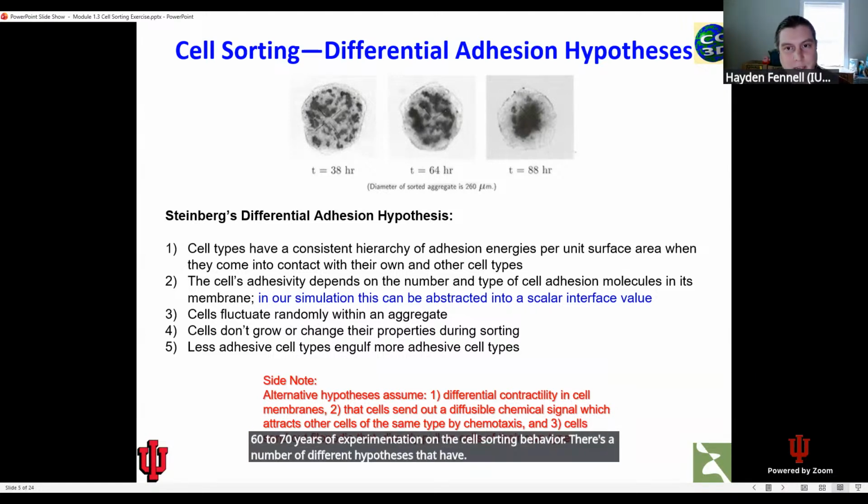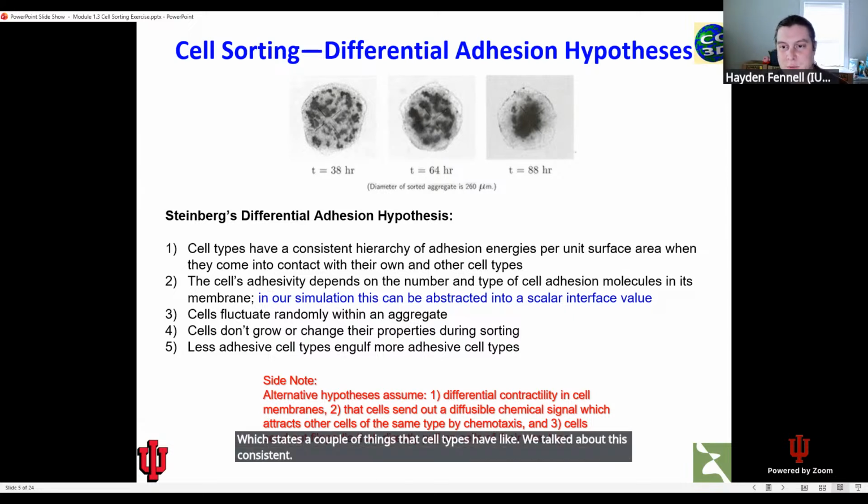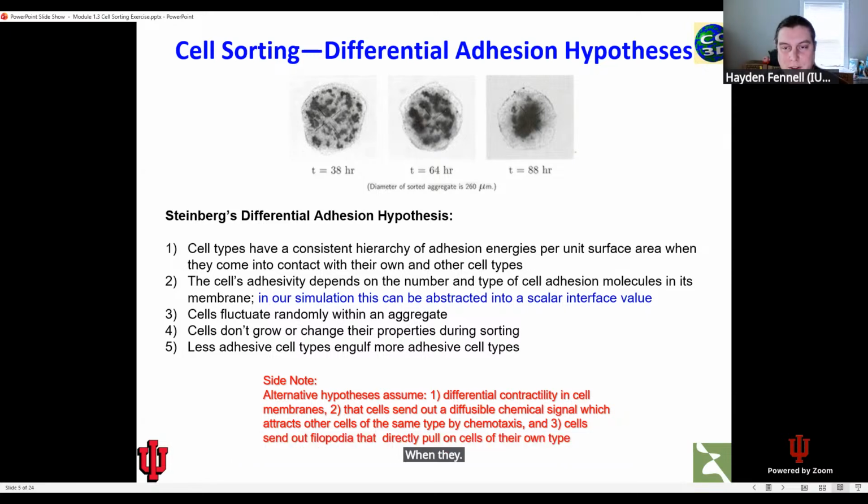The one that we'll be looking at a computational version of today is Steinberg's differential adhesion hypothesis, which states a couple of things: that cell types have, like we talked about, this consistent hierarchy of adhesion energies per unit surface area when they come into contact with other cells. The cell's adhesivity depends on the number and type of cell adhesion molecules in its membrane.